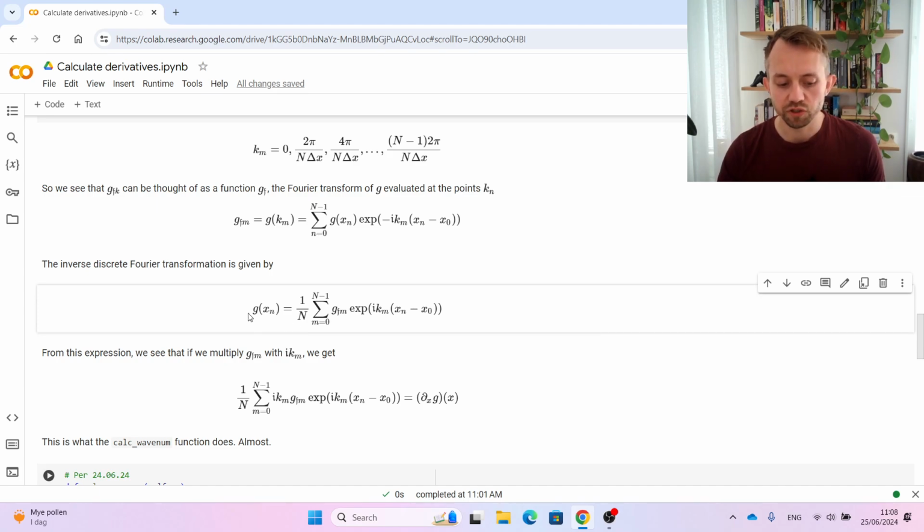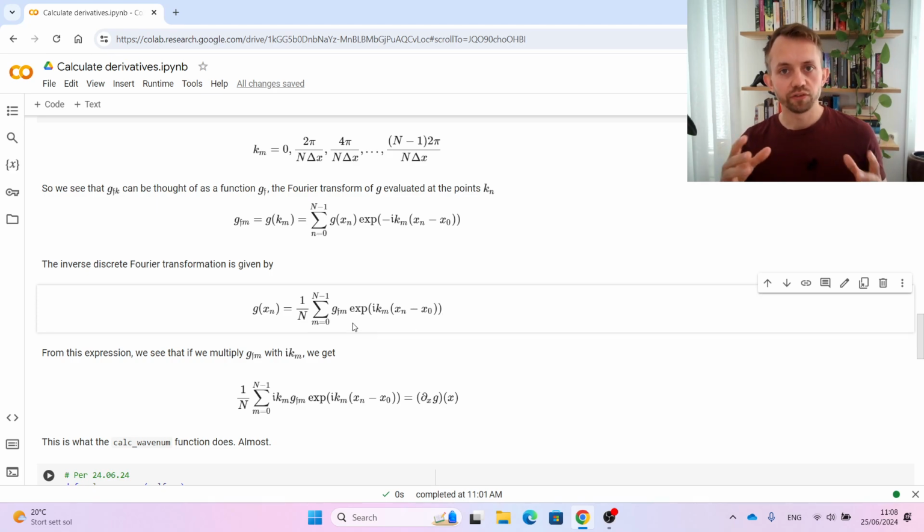if you're looking at this expression, here I have g of xn, some function evaluated at a point xn, and it's a sum of coefficients multiplied by these exponent functions.